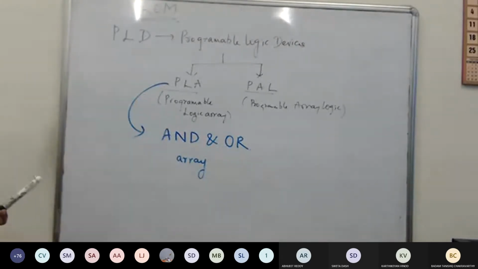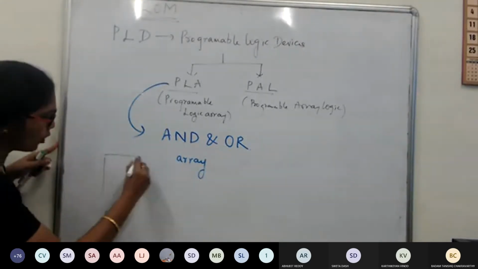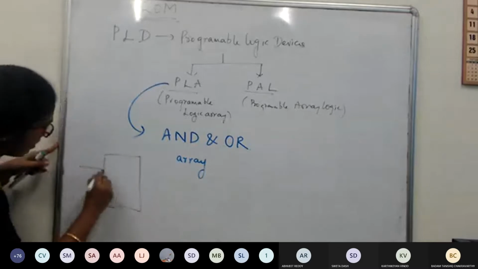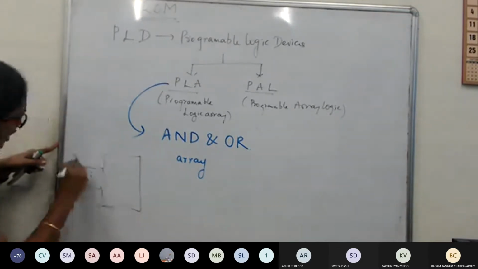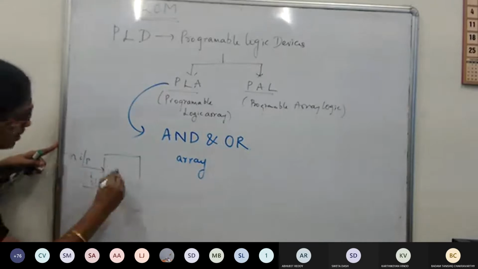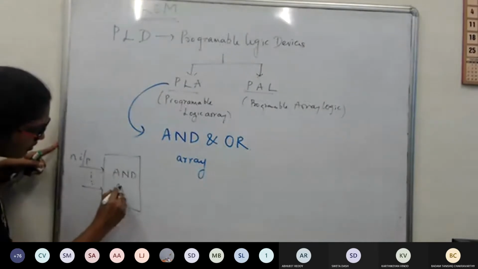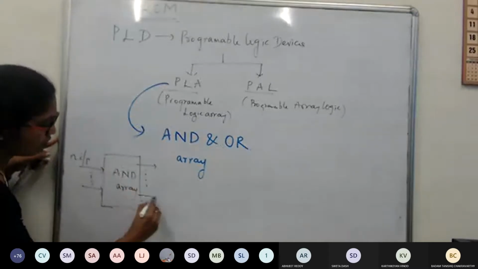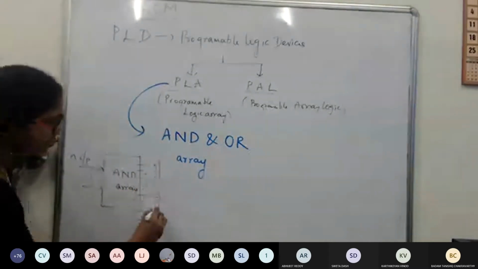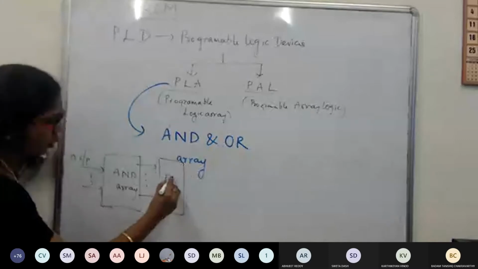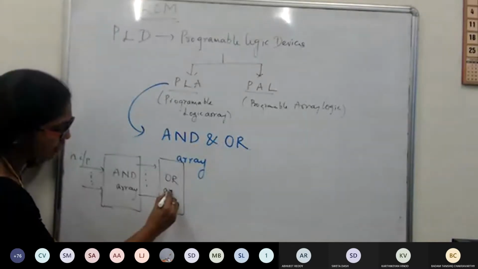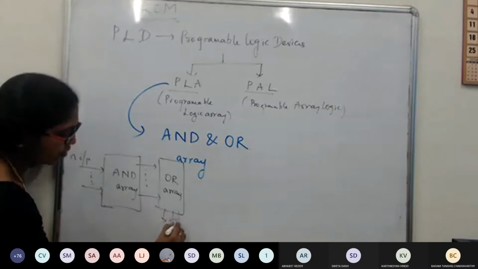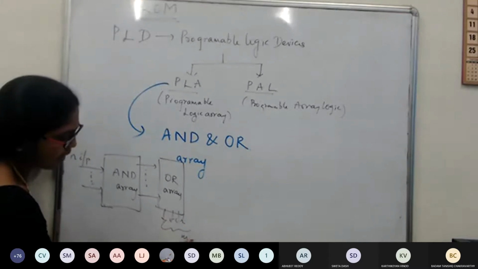A set of AND gates. In crisp terms, you will have some N inputs, starting with an AND array. Array means many. We have some lines coming out of that, then an OR array, and some M outputs.